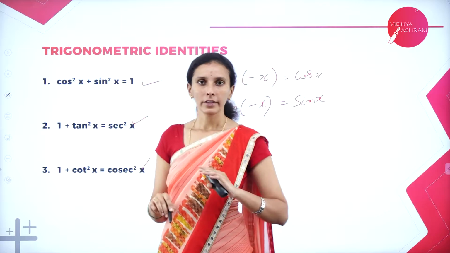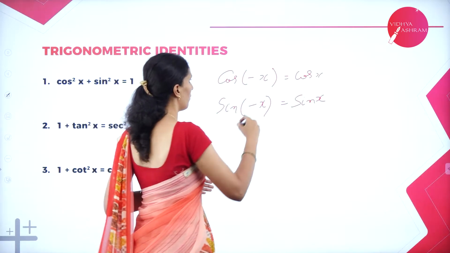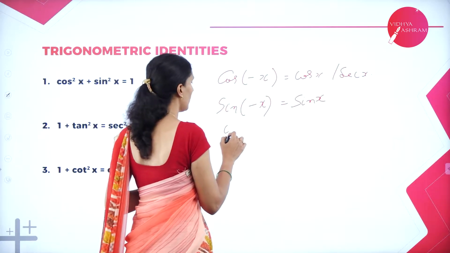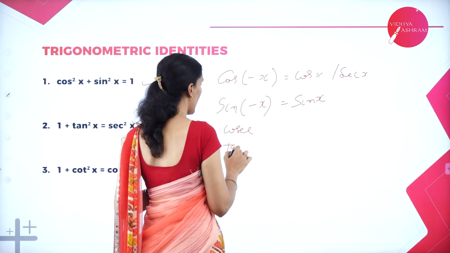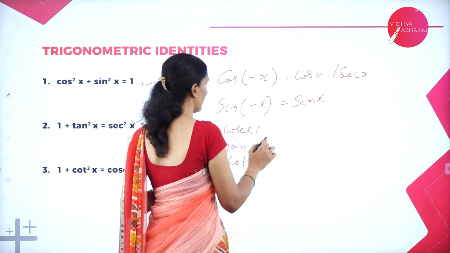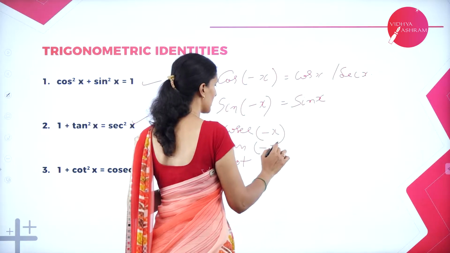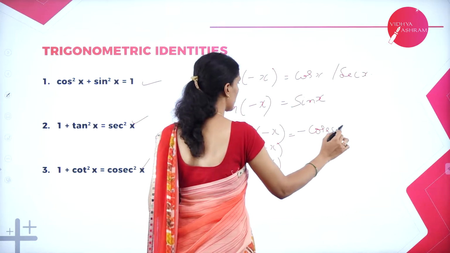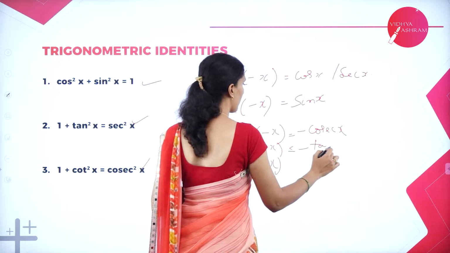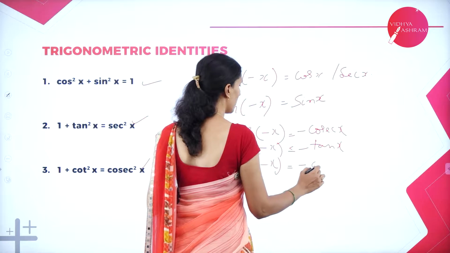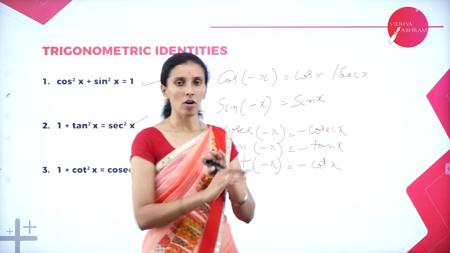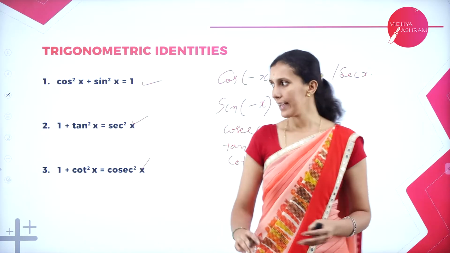So for negative angles, cos and secant stay the same, while for sine, cosecant, tan and cot, the values of negative angles are negative only, that is, minus cosecant x, minus tan x and minus cot x. Except for cos and secant, all other functions become negative.